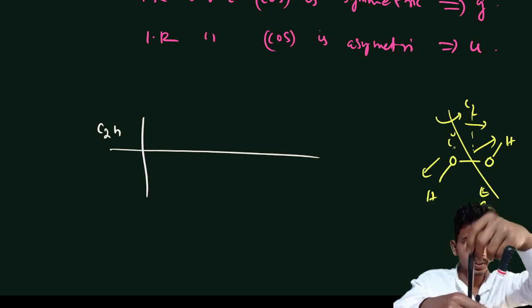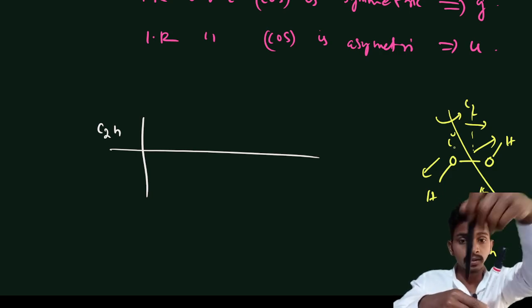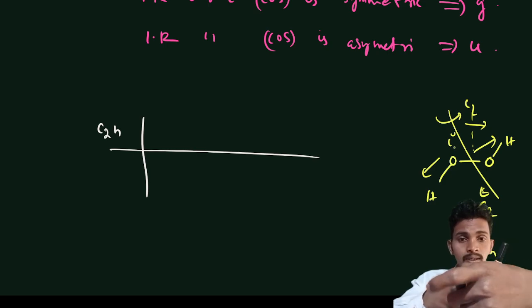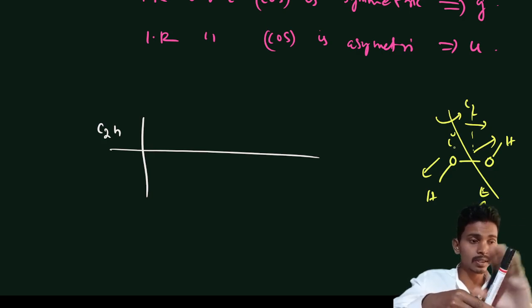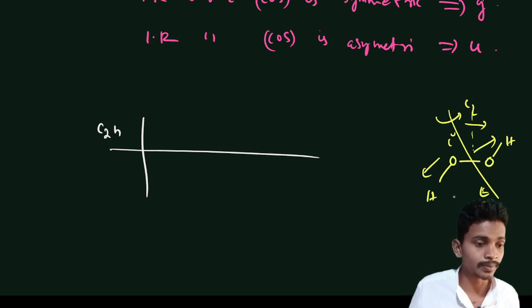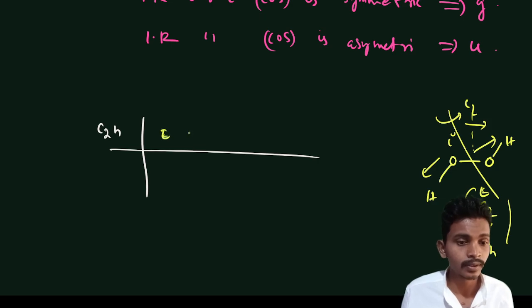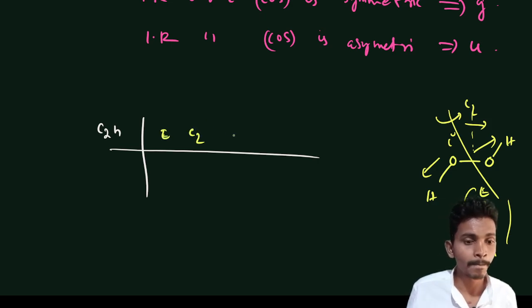C2 is in this direction, I am applying from this direction, passing through, so I can apply C2 also in these directions, and if I rotate, then it's good. And as the molecular plane is cutting all, this will be perpendicular, meaning sigma H is there. Okay, so sigma H is there, so this is E, C2, I, and sigma H.